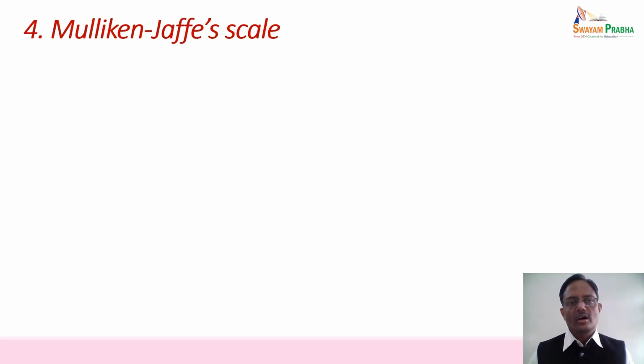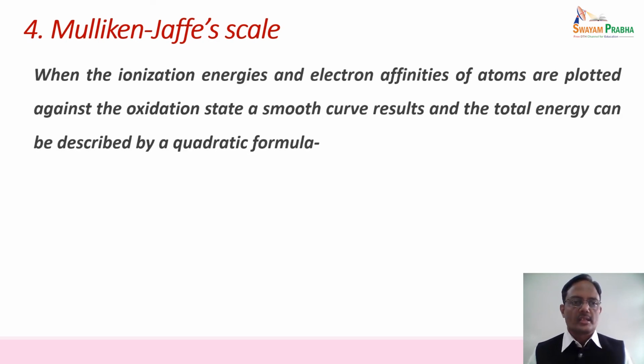The fourth scale of electronegativity is the Mulliken-Jaffe scale. According to the Mulliken-Jaffe scale, when the ionization energies and electron affinities of an atom are plotted against the oxidation state, a smooth curve results, and the total energy can be described by a quadratic formula.